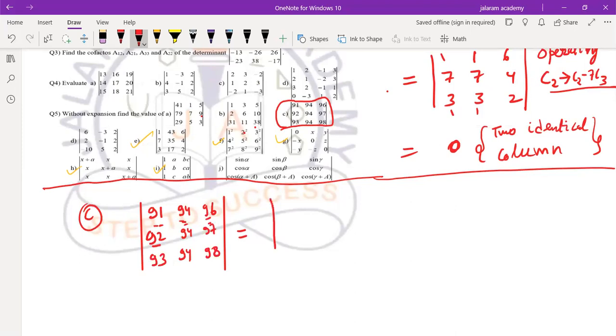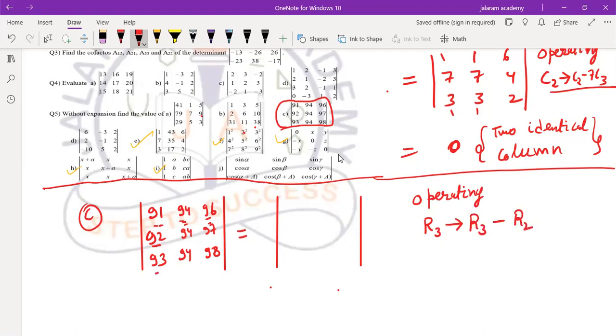So if we operate R3 as R3 minus R2: 93 minus 92, 1. 94 minus 94, 0. 98 minus 97, 1.